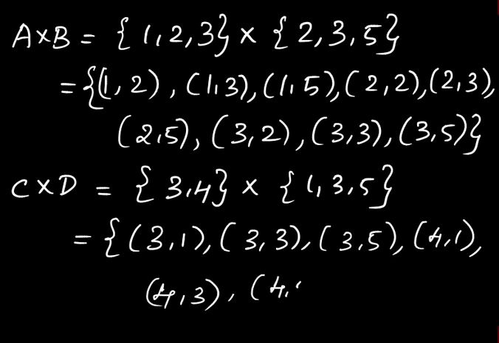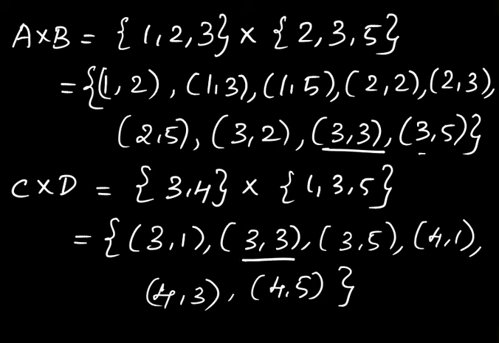then (4, 5). So next you need to find the intersection between these two, that is A cross B and C cross D. So check what is common between these two. (1, 2), no it's not there. (1, 3), (1, 5), (2, 2), (2, 3), (2, 5), (3, 2), don't have. (3, 3), yes it is there in both.